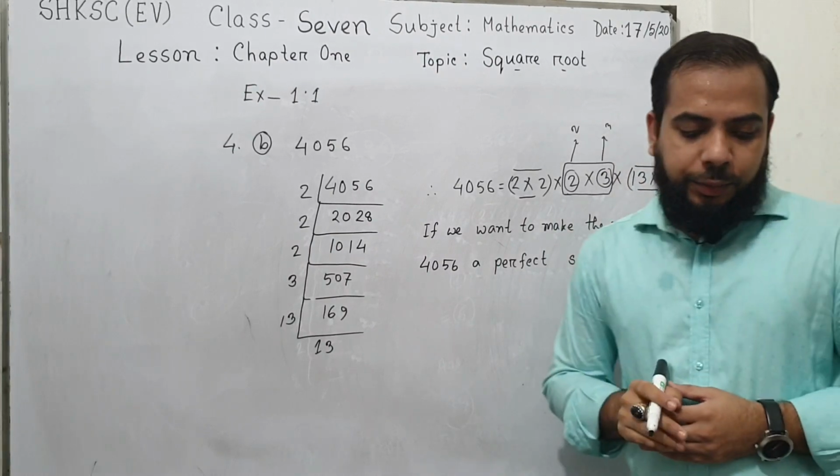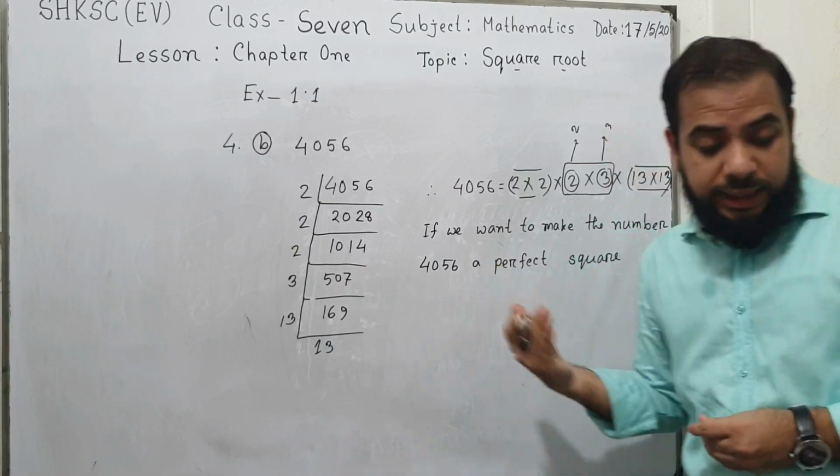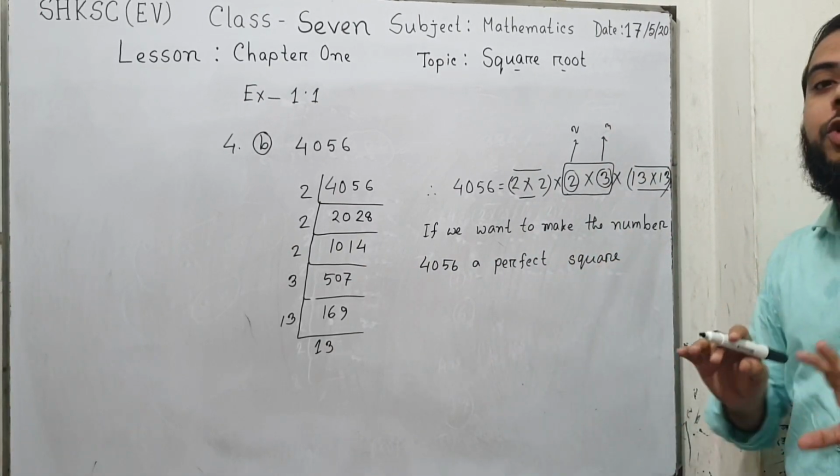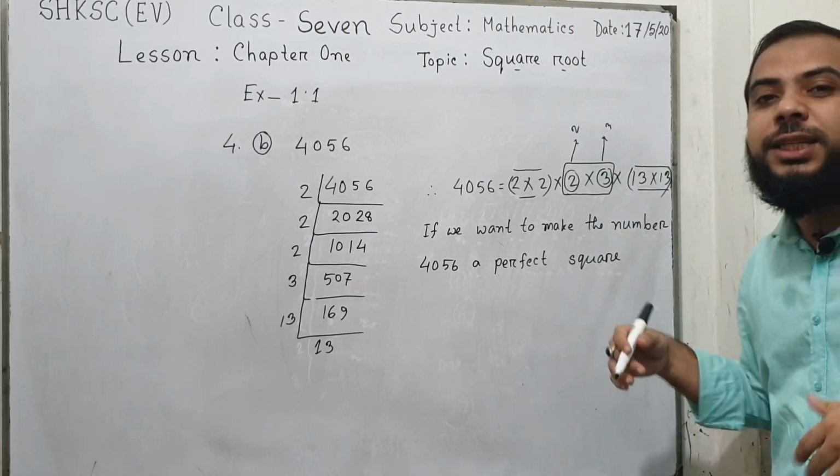But in this problem, the question asks which least number it should be divided by. So this time we will not multiply, we will just divide.